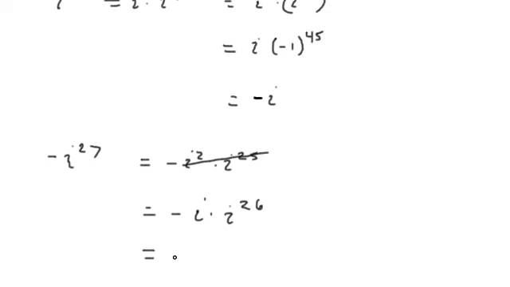Say I had a -i to the 27th. So we're going to break that up into -i squared times i to the 25th. No, actually, we don't want to do it that way. I just seen something. We want to break it up like this, i to the 26th.